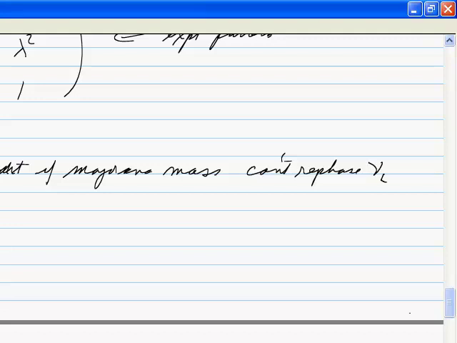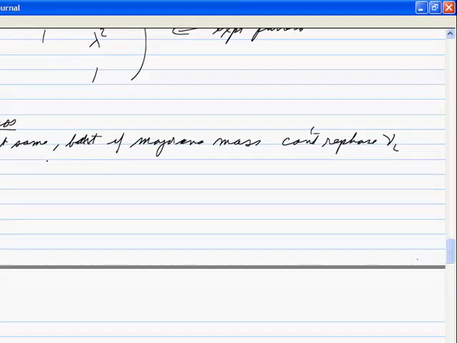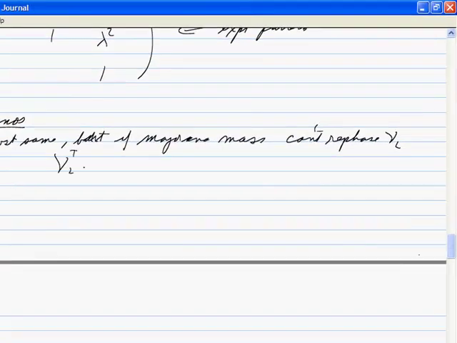You can't rephase nu left because the term nu left transpose nu left is not invariant.